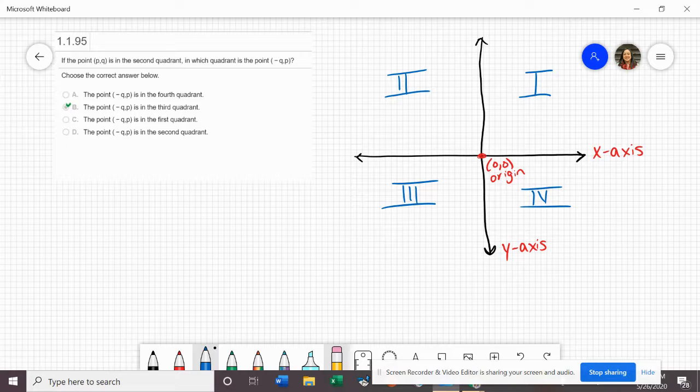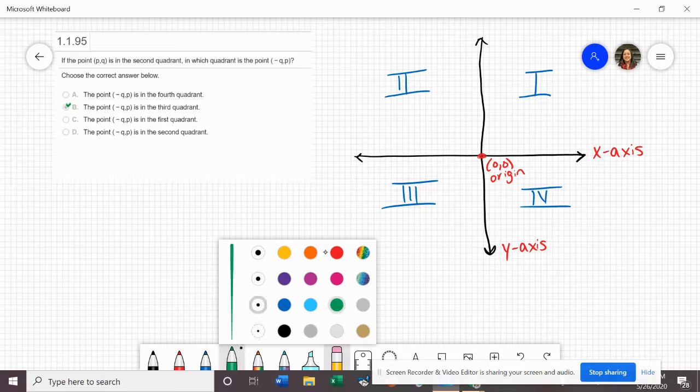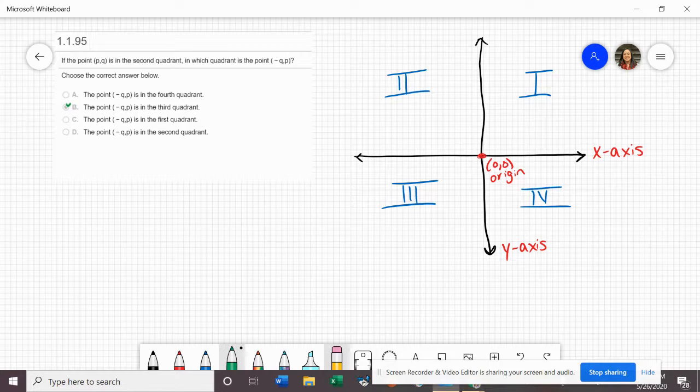And within our quadrants, we have an infinite amount of points. Points just kind of hold a spot for us in these quadrants. And our points, or ordered pairs, are labeled using an X and a Y. Now, on this side of our x-axis, we will have positive x values.